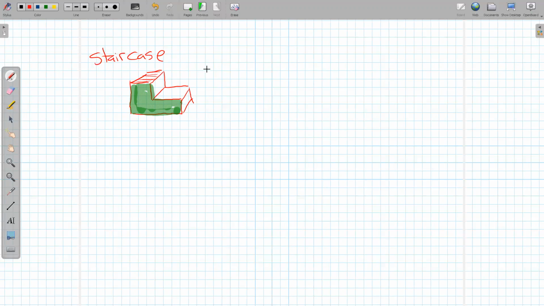So this is a polyhedron, because it's made up of these flat faces here, and it has faces, edges, and vertices. Remember, vertices are the points we meet at, edges are at the edge of the faces.